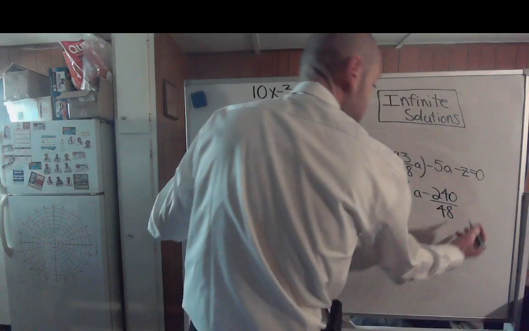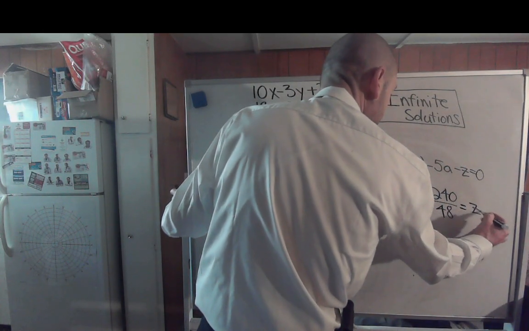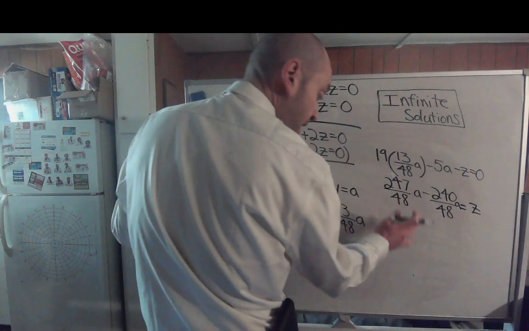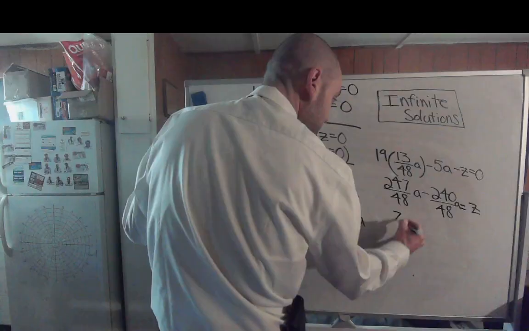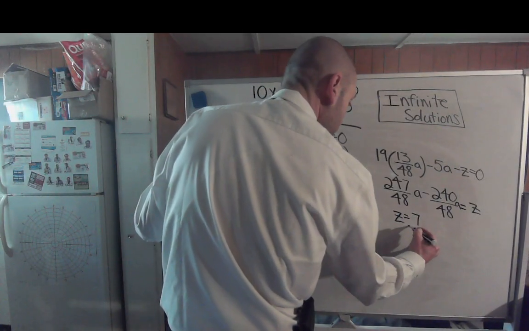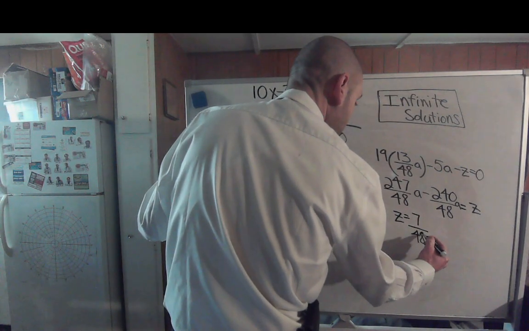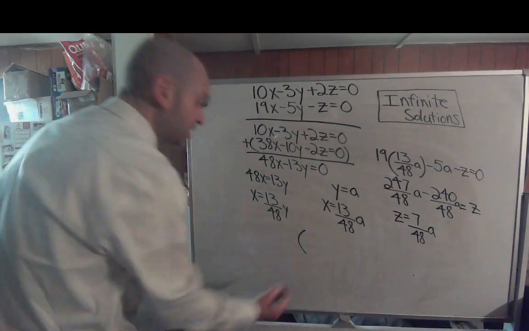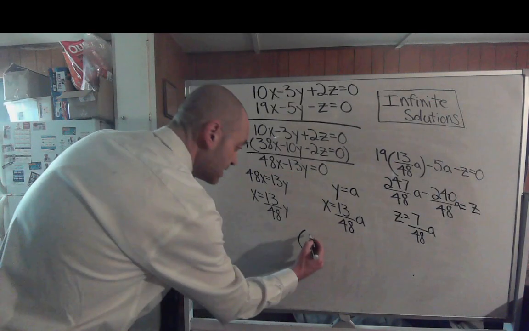We can move that z over to the right-hand side. So now all you have is that z would equal 7/48 times a.